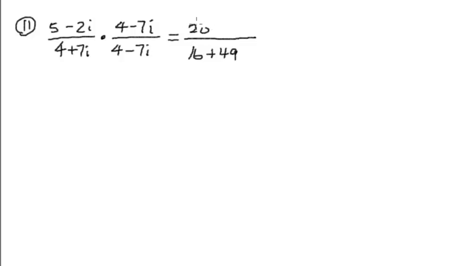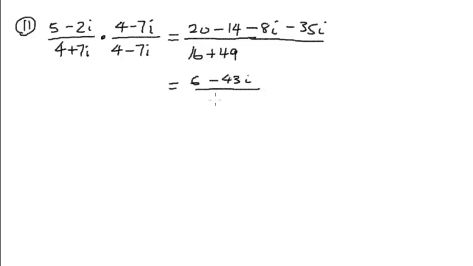I get 20, and then I get a negative 14, and then I get negative 8i and negative 35i, which then becomes 6 minus 43i all over 65. And then write it nicely with the real part and the imaginary part.